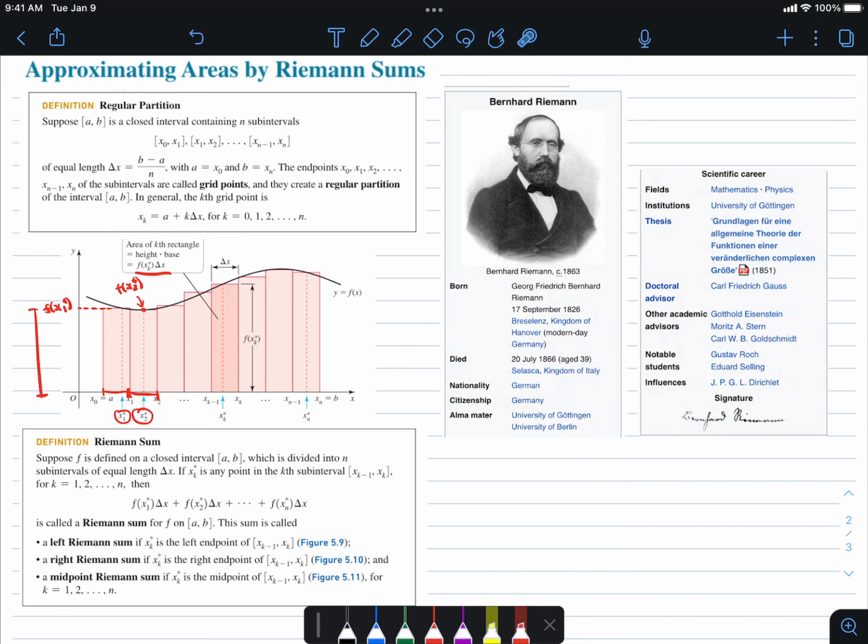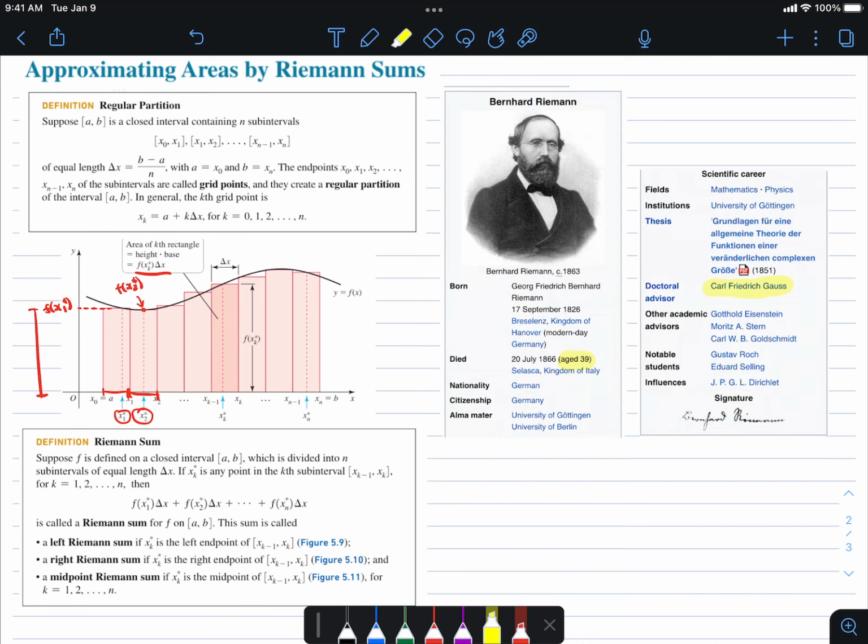Riemann, just for those who didn't know, was a German mathematician who lived in the 19th century, the 1800s. Interesting facts about him: he was a very devout Christian, advised by Gauss, one of the most famous and most prolific mathematicians of all time, in Göttingen, and died very young of tuberculosis, I think.